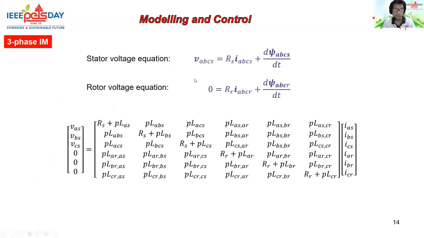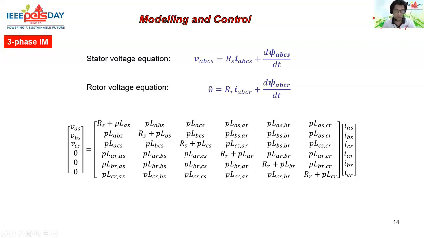For example, this is the stator voltage equations, where VABC and the rest here is basically a vector, as well as this is the rotor voltage equations, which describe the rotor circuits. Okay, d psi ABCS and d psi ABCR there is the induced voltage due to the rotating flux, which is coming from the stator as well as from the rotor currents.